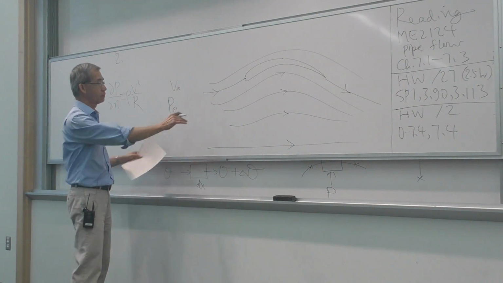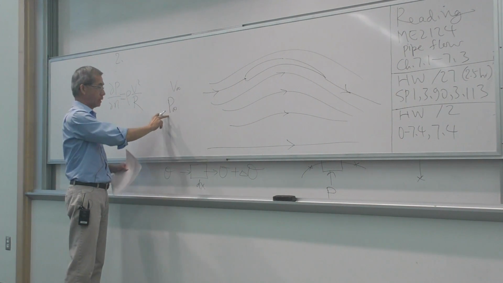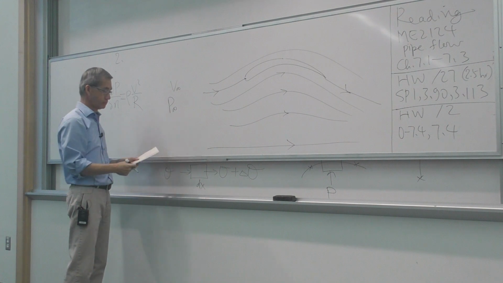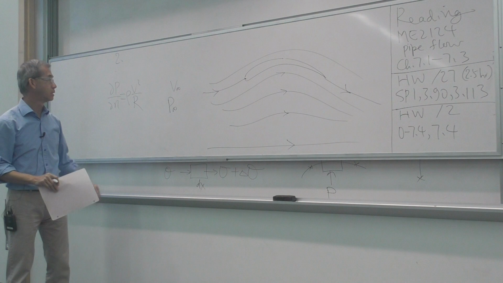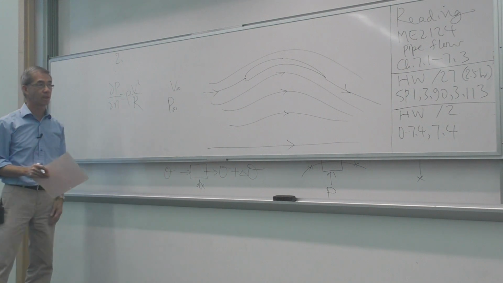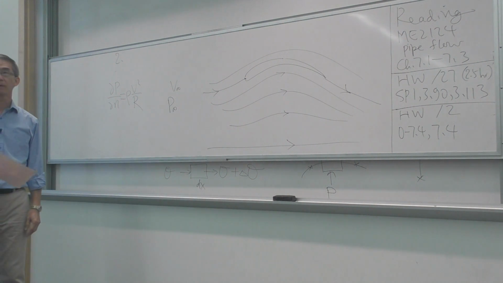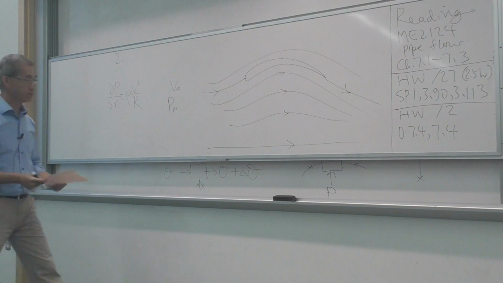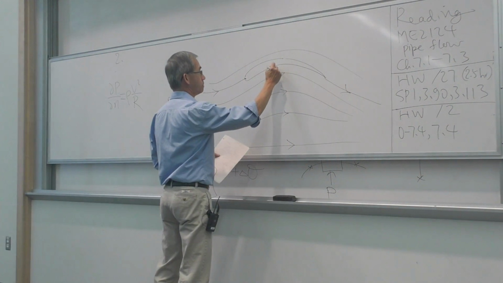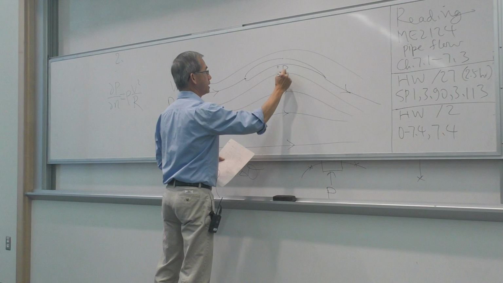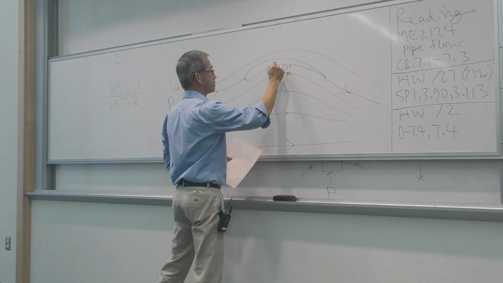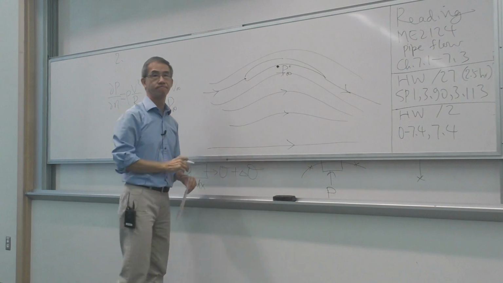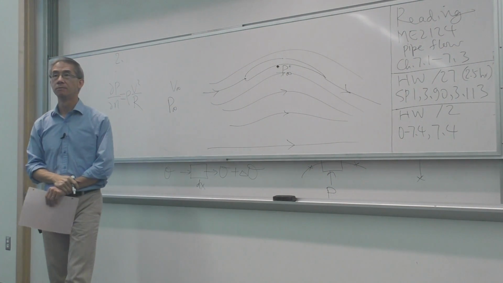Far away from the airfoil, I have my ambient pressure and the velocity at the ambient also. So I'm going to show you from this equation how I can explain that the pressure on this lower surface has to be P infinity plus, meaning higher. That's my goal.